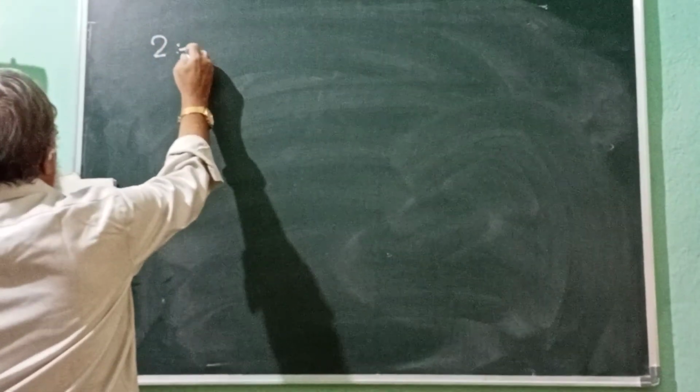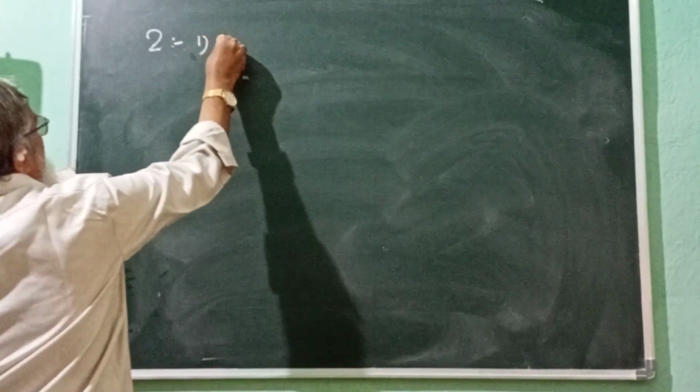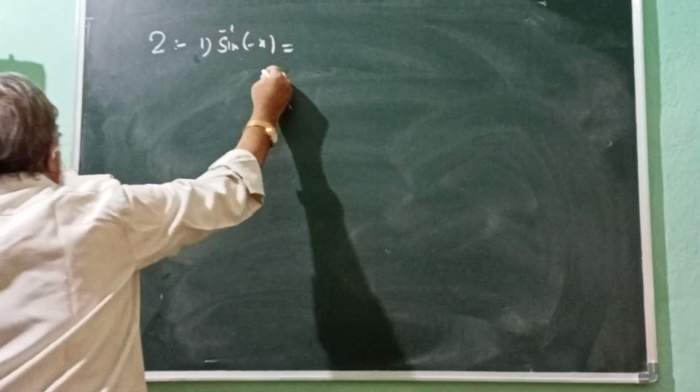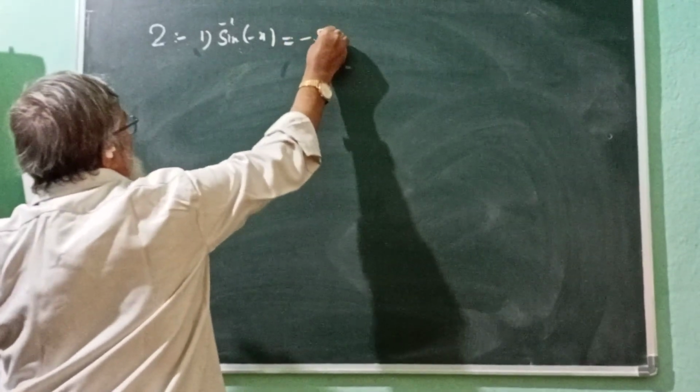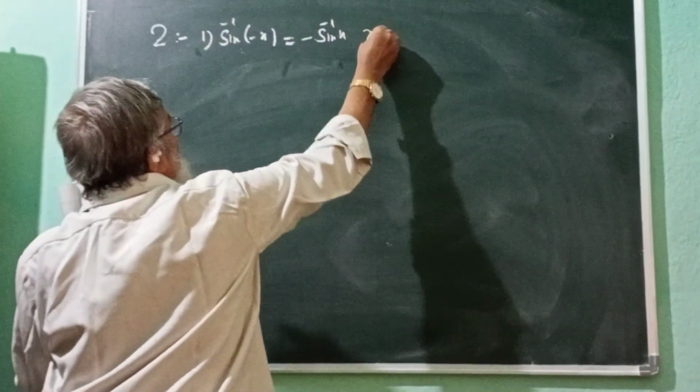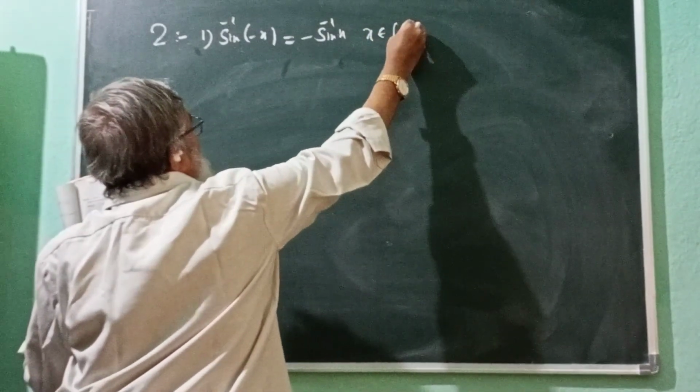The second set of formulas: sine inverse of minus x is equal to minus sine inverse of x, where x belongs to minus 1 to 1.